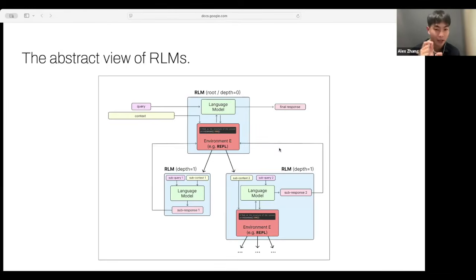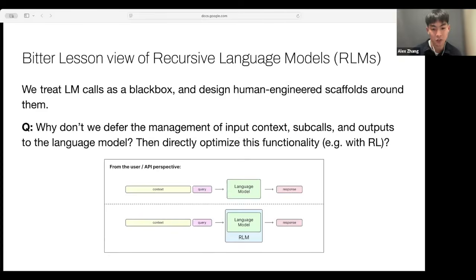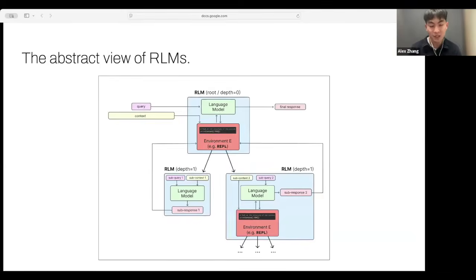The key component here is when you query this thin recursive language model wrapper, which we treat exactly like a language model. So in your code, instead of doing GPT-5.completion, you would do RLM.completion. What ends up happening is the prompt that you feed in doesn't directly go to the language model.